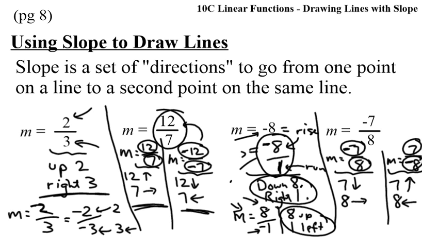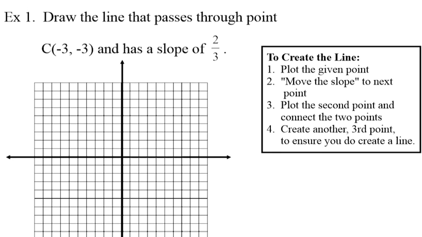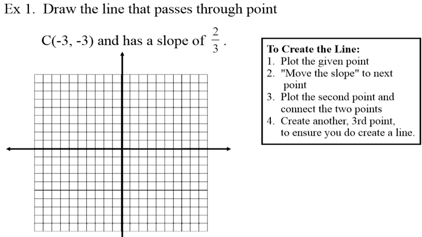So slopes give us directions. Now let's utilize that information. We want to draw a line that passes through the point negative 3, negative 3, and has a slope of 2 over 3. Well, the first point is our first step.